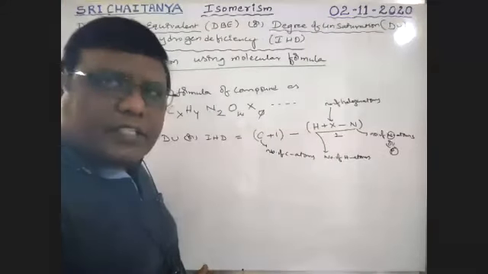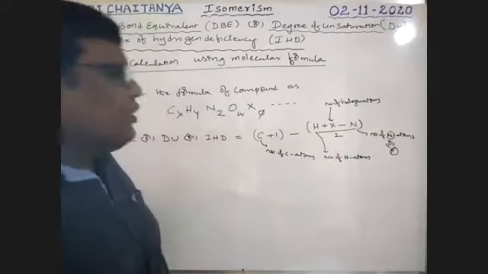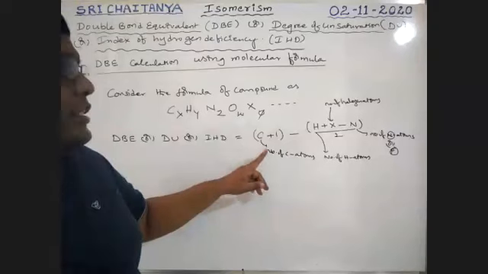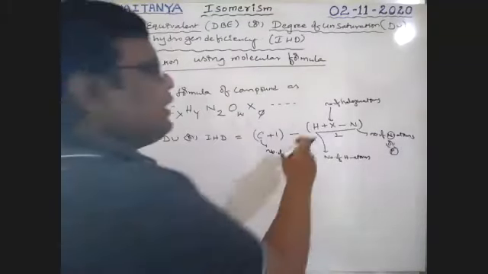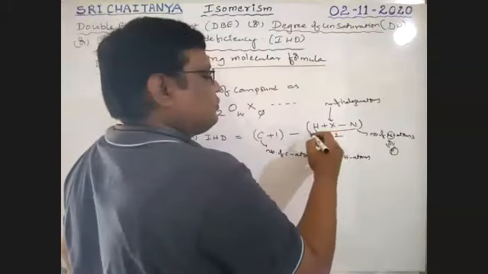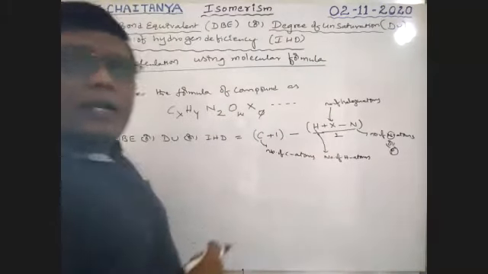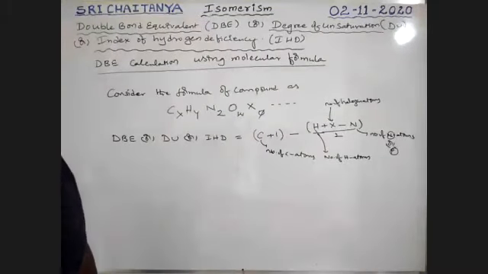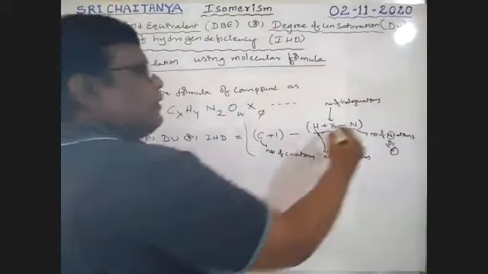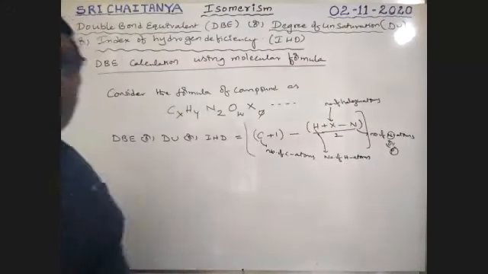Oxygen, no need to consider, boys. So this is the formula to calculate degree of unsaturation: C plus 1 minus H plus X minus N by 2. Oxygen, no need to use.